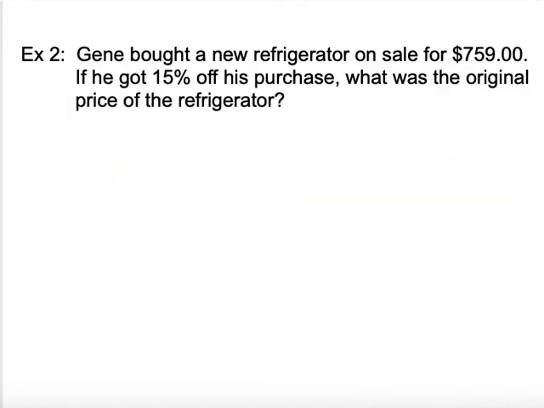It says Jean bought a new refrigerator on sale for $759. If he got 15% off his purchase, what was the original price of the refrigerator? So 15% off means that he paid 100 minus 15, or 85% was the amount that he paid.